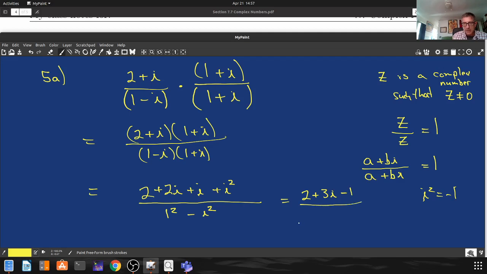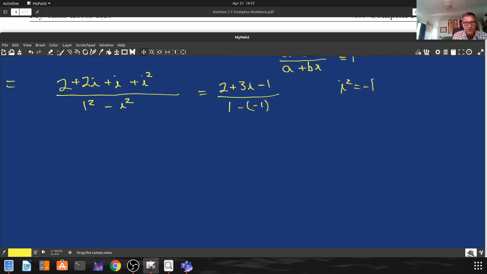And down here, that's 1 minus, what is i squared? Minus 1. So all of this turns out to be, now we add the real parts, 2 minus 1 is 1. That becomes my numerator.